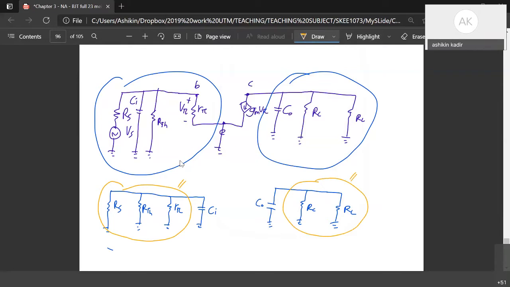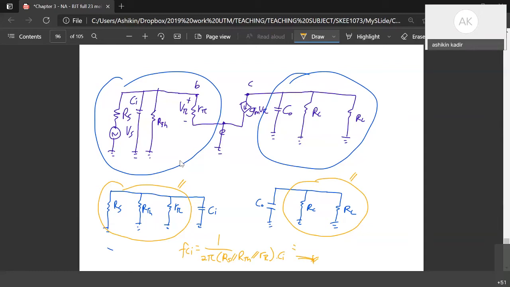For this CI, we can get a frequency caused by the capacitance. So FCI will be equal to 1 over 2 pi, the resistor is RS parallel with RTH parallel with R pi, multiplied by CI. Then we get the frequency.